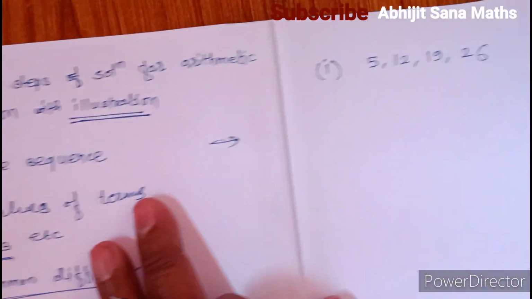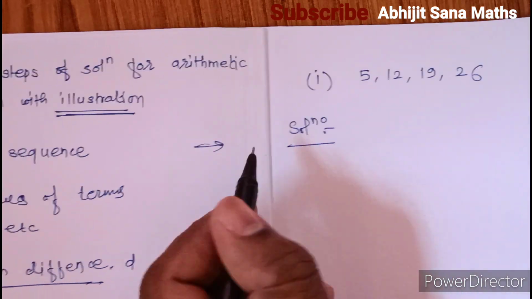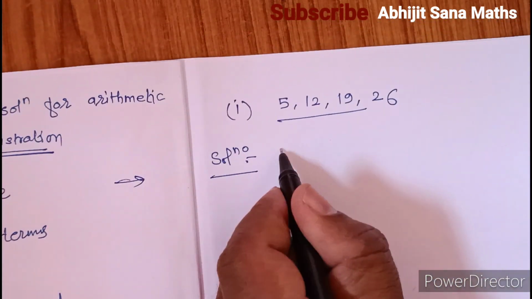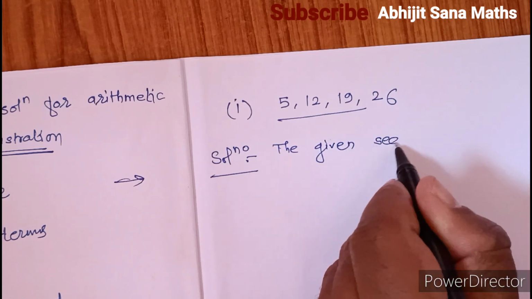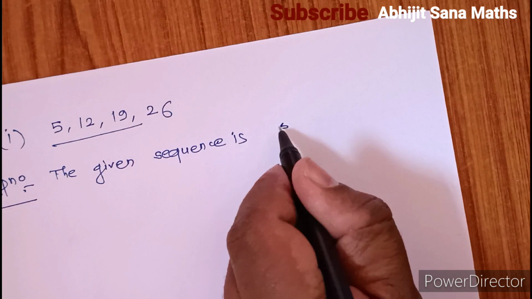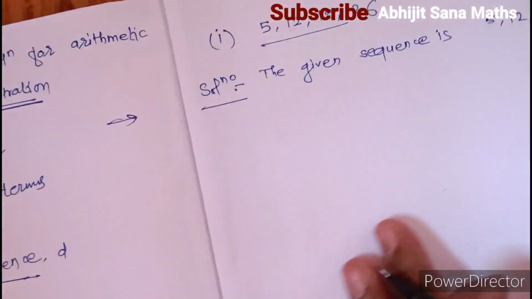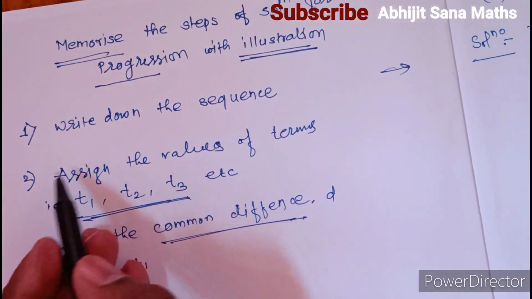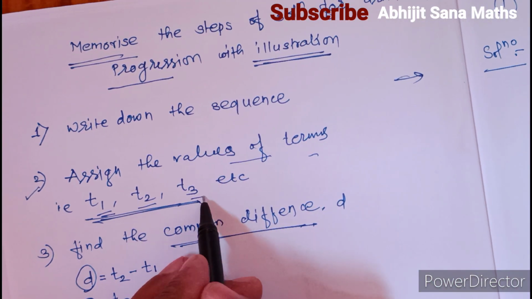First step is write down the sequence. In the solution part, write down the sequence. The given sequence is 5, 12, 19, 26. Now second step is assign the values of terms, that is t1, t2 and t3.